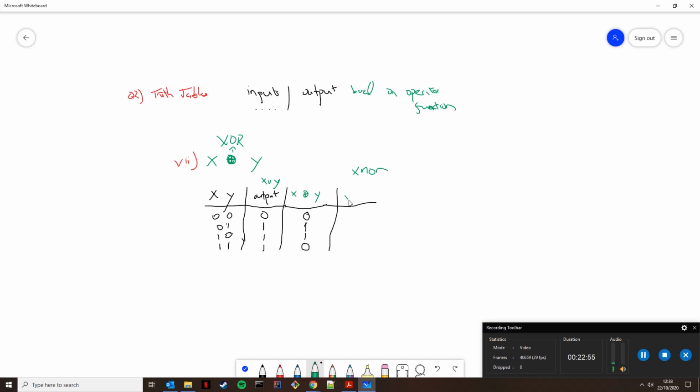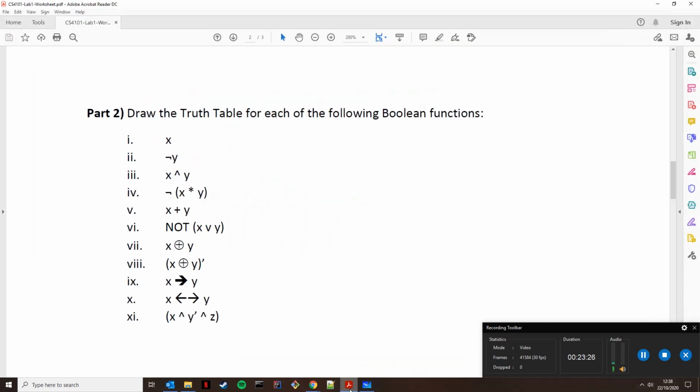So X exclusive NOR, maybe we use the complement. This is just simply the opposite of exclusive OR. So 1, 0, 0, 1. Which you might remember when we did the three inputs, it was actually XOR and exclusive NOR. It's just interesting to see that pattern. And that's question 7 and question 8.